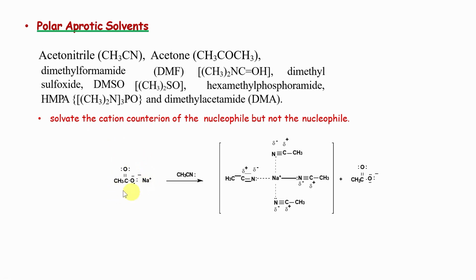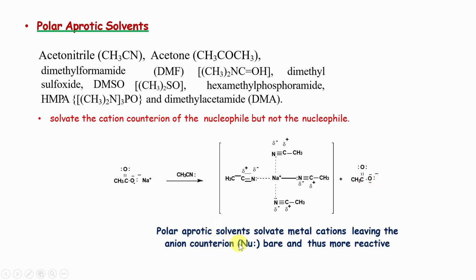For example, sodium acetate in the presence of methyl cyanide. Here the cation counterion is the sodium ion of the nucleophile acetate ion. This sodium gets solvated by methyl cyanide, whereby the nucleophile acetate becomes free. So polar aprotic solvent solvates the metal cation, leaving the anion or nucleophile bare, and thus it becomes more reactive. Okay, that is how the polar aprotic solvent influences the nucleophilicity.